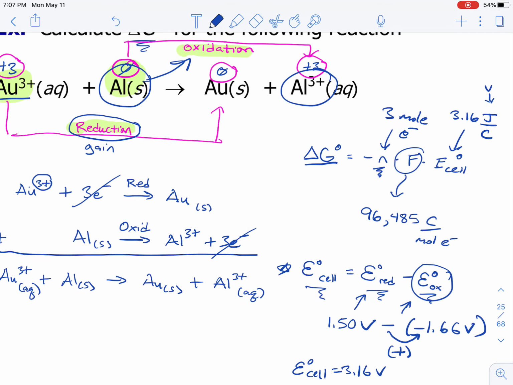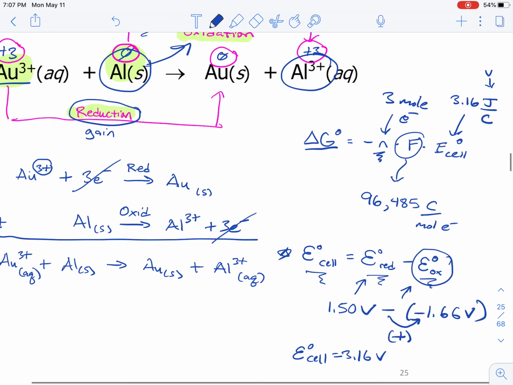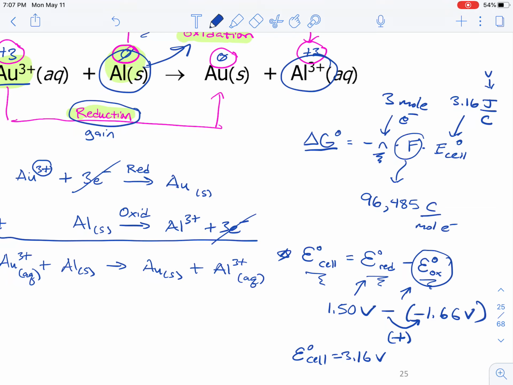So now that I have all of my pieces, I'm just simply going to clean up my work. So I'm just going to go ahead and copy this real quick.